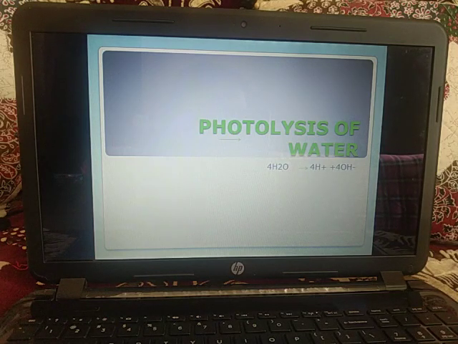The enzyme has 4 manganese ions, and light energized changes in the manganese, that is Mn2+, Mn3+, Mn4+, remove electrons from the OH- ion of water and form oxygen. The liberation of oxygen also requires 2 other ions, that is calcium 2+ ion and chloride ions.